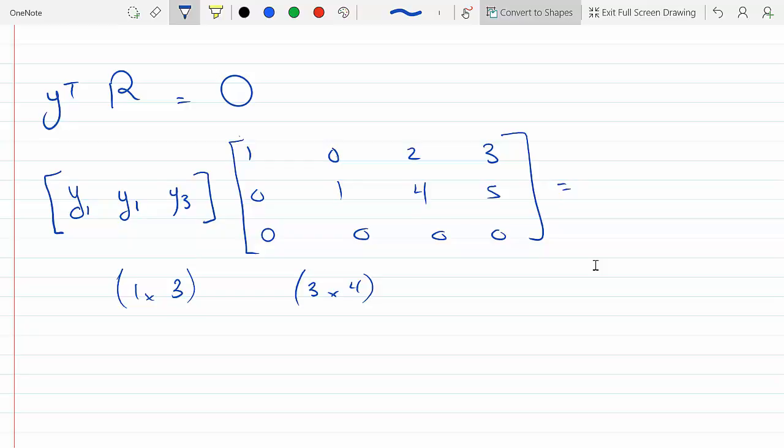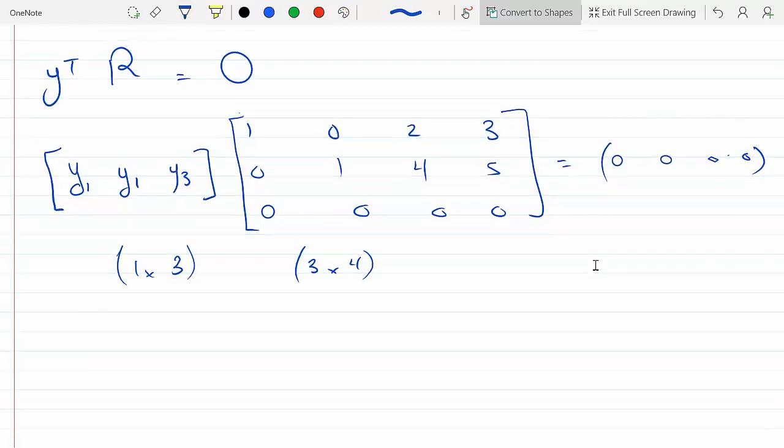So 1 row 4 columns will be 1 by 4. So this will be 0 0 0 0. Okay, well, let's write this as equations. What are these equations? Row times column, this times this.